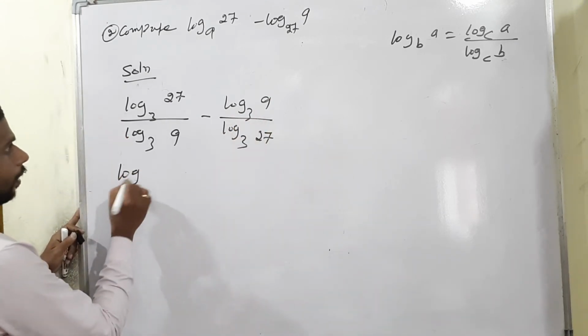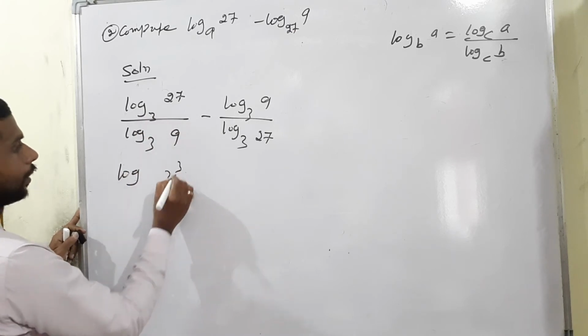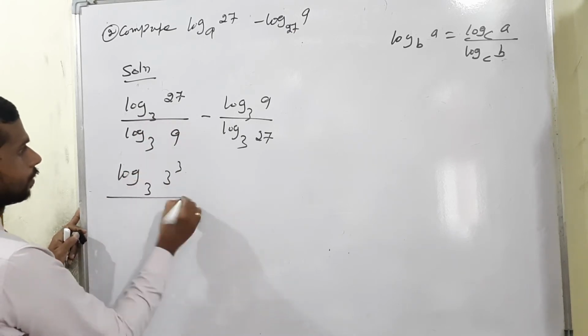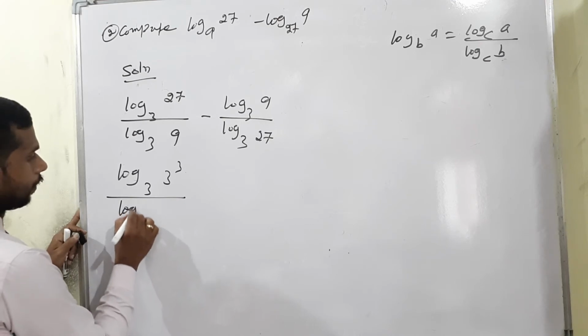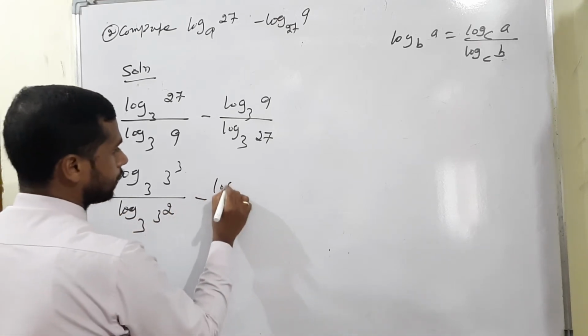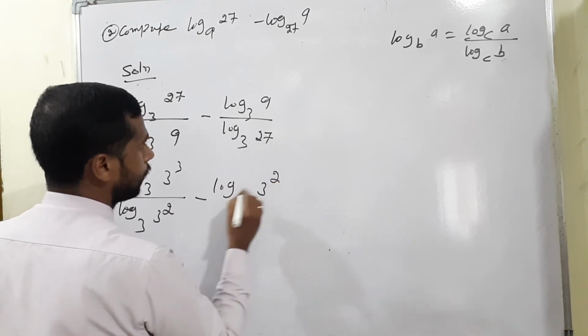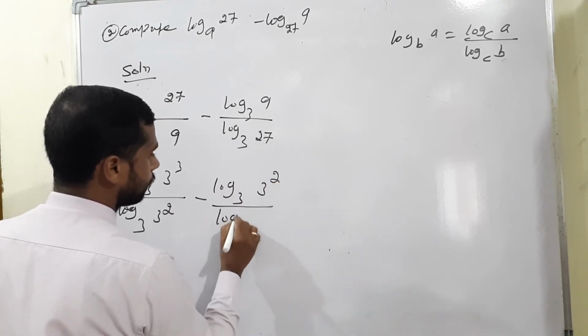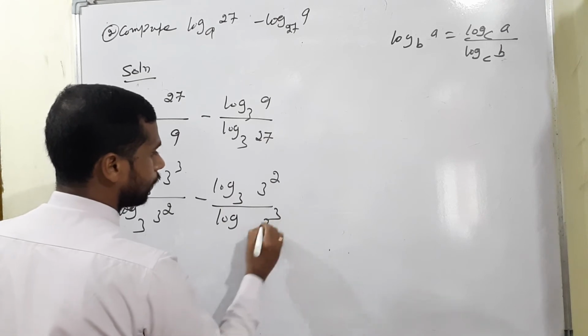Again, 27 we can write as 3 cube, isn't it? So log 3 cube base 3 divided by log 9, which is 3 square base 3, minus again log 3 square base 3 divided by 27, which is 3 cube base 3.